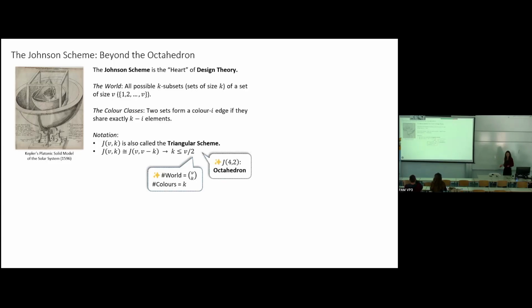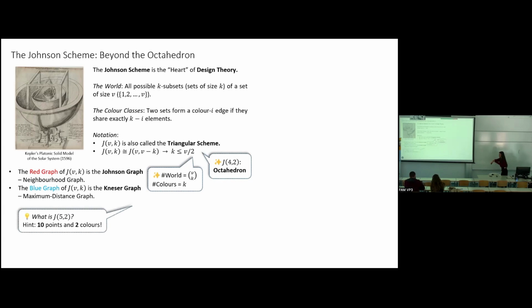Now, in light of this, the octahedron is the Johnson scheme with v equal 4 and k equal 2. I didn't mention, of course, that the cube is also a Platonic solid. It was in the Hamming scheme. But we are getting there. So this is for you: the red graph is the Johnson graph, the neighborhood graph.